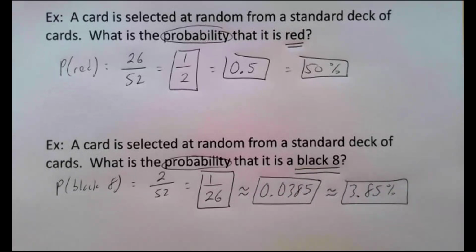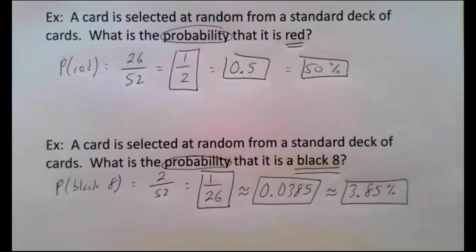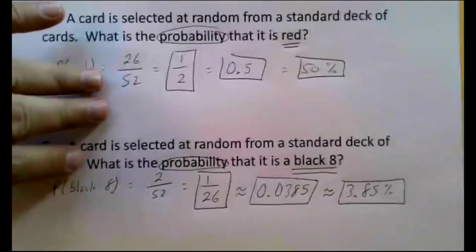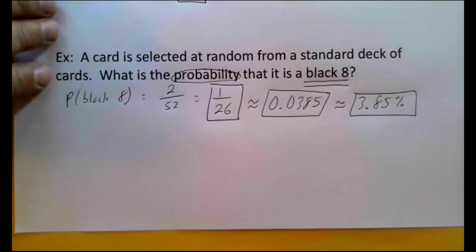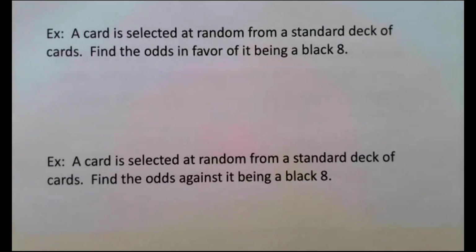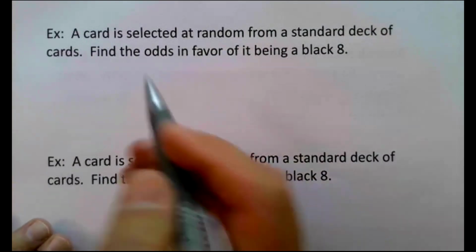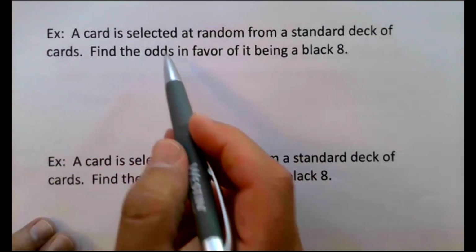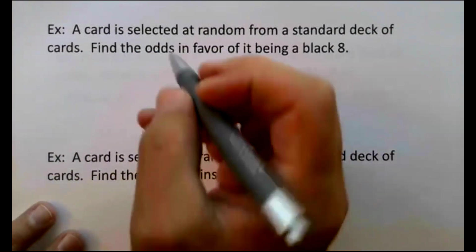I'm going to do a couple more things sort of still about a black 8. So I'm probably going to go back to this question here. But now I want to move on to odds instead of probability. So this next question said the card is selected at random from a standard deck of cards.